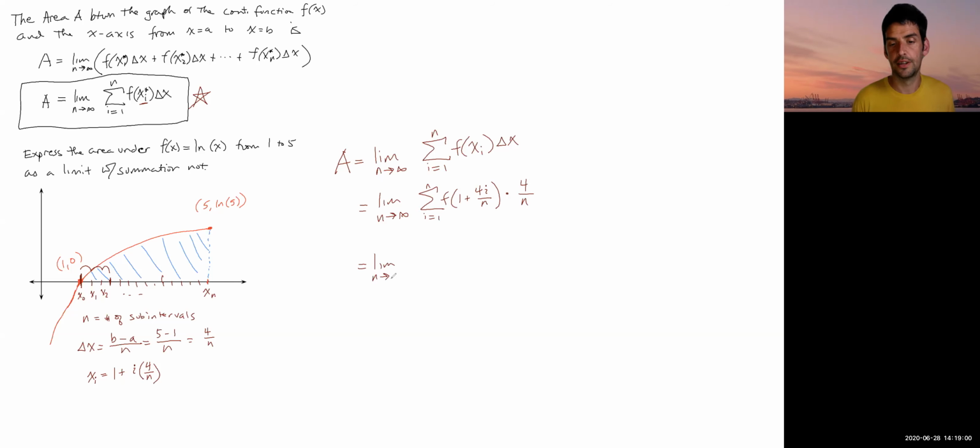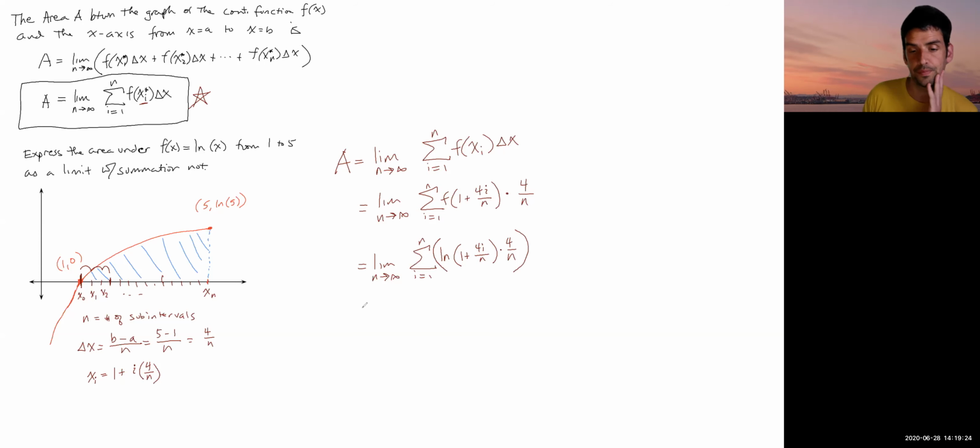The limit as n goes to infinity, i equals 1 to n, f of 1 plus 4i over n, well, f is the natural log, so it's the natural log of 1 plus 4i over n, times 4 over n. All right, so this whole thing is in the summation.